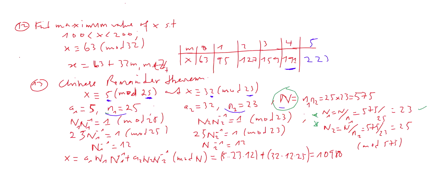Once we have that, we can write the formula: A1 times capital N1 times the multiplicative inverse of N1, plus A2 times capital N2 times the multiplicative inverse of N2, in modulo big N. So A1 is 5, capital N1 is 23, and its multiplicative inverse is 12, plus A2 is 32, capital N2 is 25, and its multiplicative inverse is 12.